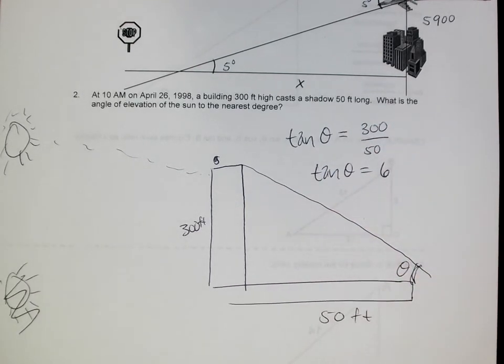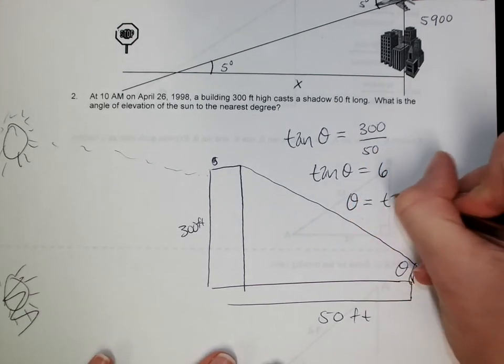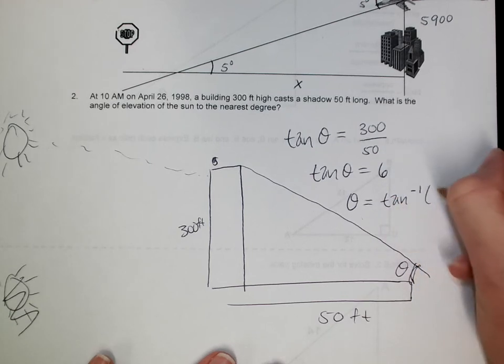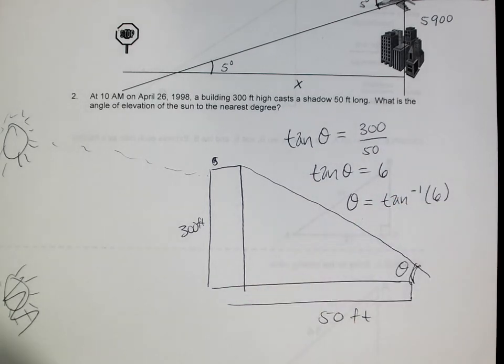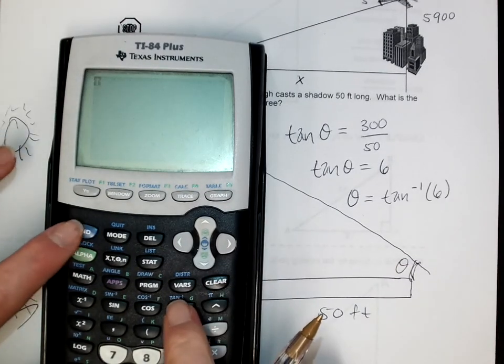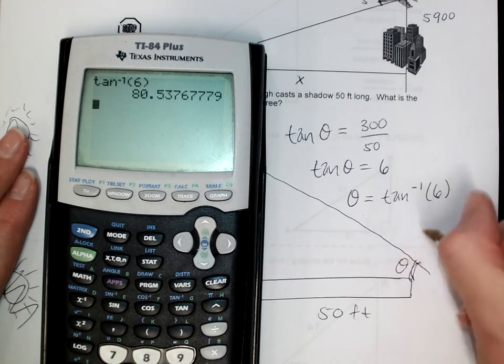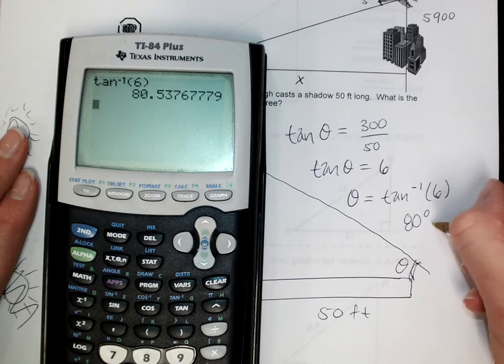If you want to find the actual degrees, you do what's called the tangent inverse. So theta is going to equal tangent to the -1 of 6. In my calculator, I go second tangent, it brings up the tangent inverse of 6, and that'll tell you that this is going to be 80 degrees. You could put 80.5 degrees.